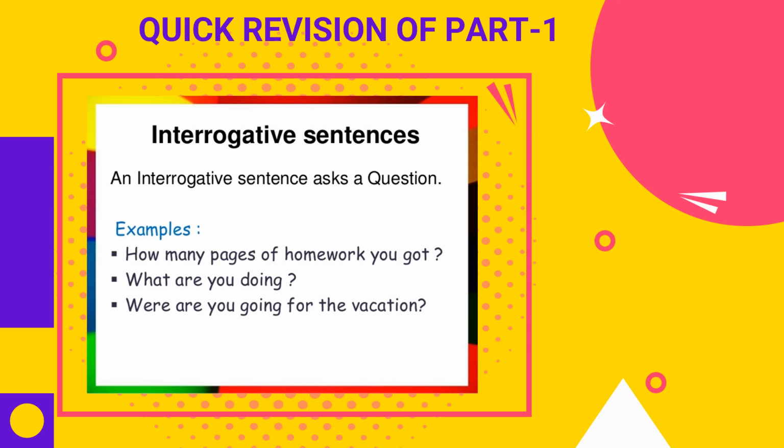So what is the main function of such sentences? The main function of an interrogative sentence is to ask a direct question when someone wishes to ask something from us. That is when we ask a question and we use interrogative sentences. And asking sentences begin with question words and end with a question mark as well.